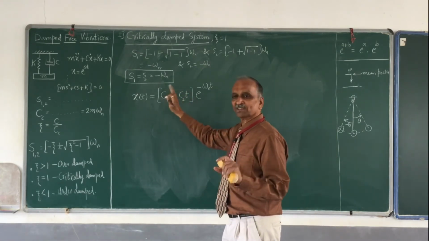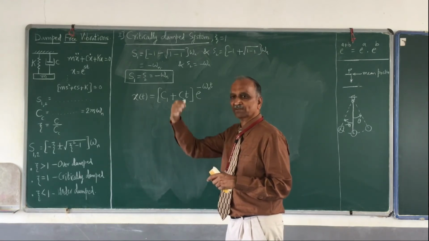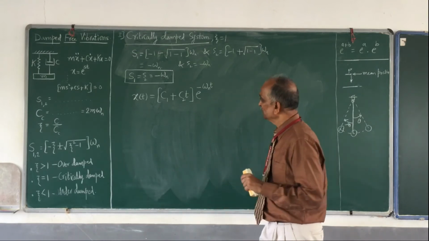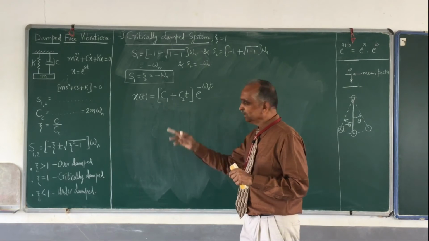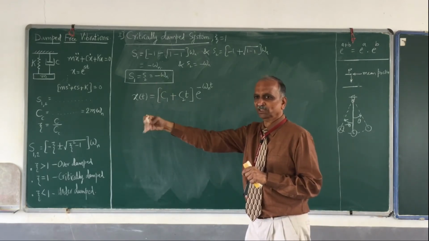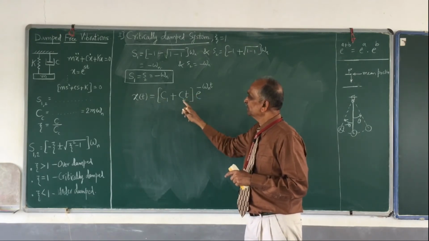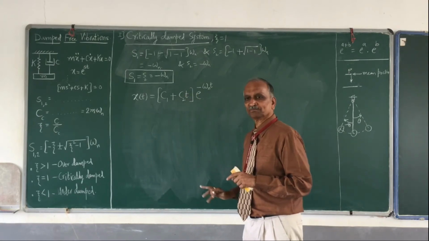C1 is constant. That will not change sign. So now, or after 10 minutes or after 10 days, the C1 value will remain the same. It doesn't change between positive and negative. Then C2 into t. See, t is always positive only: 0, 10, 20, 15, 30 seconds like that. This is positive. Then whatever is the sign of C2, the same is the sign of this term.